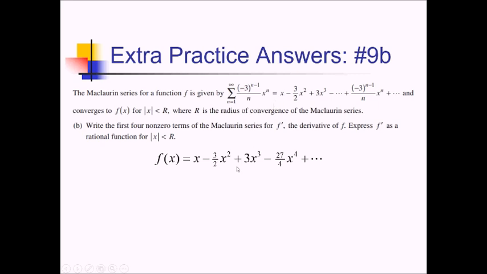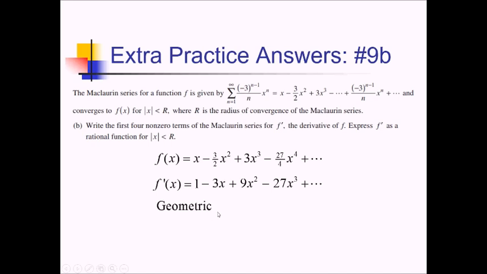Now I can just use the power rule to take the derivative of all this. So that's going to be 1 minus, these 2's cancel, that's just minus 3x. And here we've got 9x squared. And finally, the 4's cancel, so this is just negative 27x cubed. Now, to write this as a rational function, it helps if you recognize that this is a geometric series.